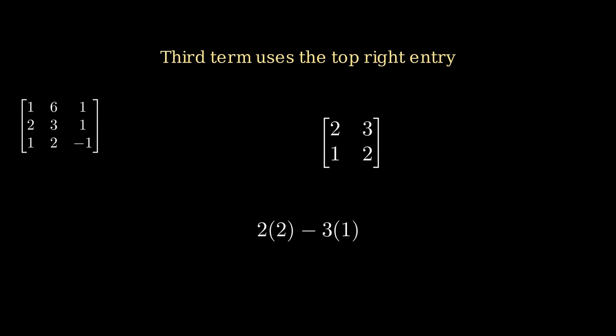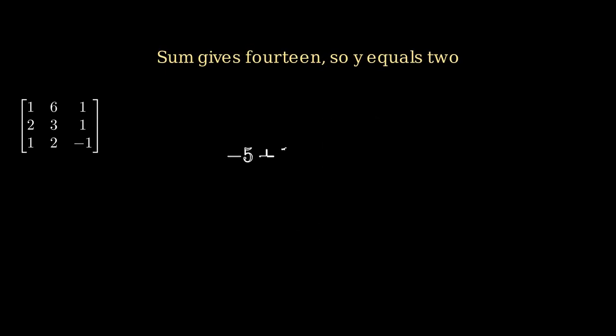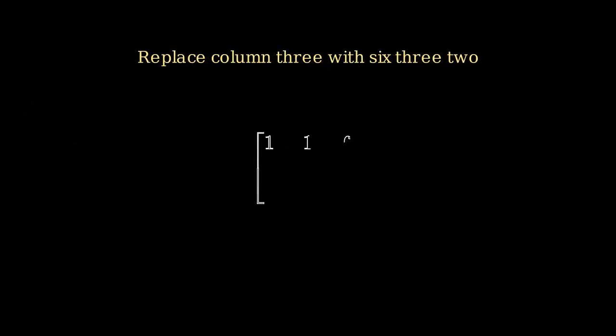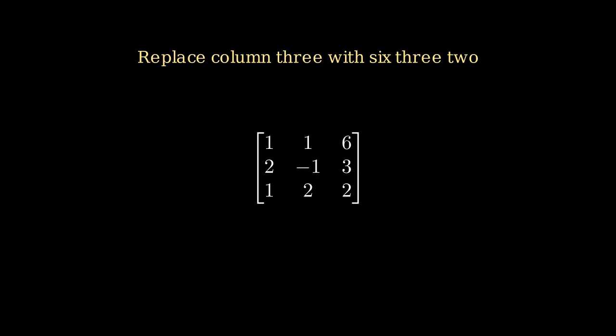The third term is 1 times the determinant of 2, 3, 1, 2, which equals 2 times 2 minus 3 times 1 equals 4 minus 3 equals 1, so the third term equals 1. Adding these terms, negative 5 plus 18 plus 1 gives a determinant of 14, so y equals 14 divided by 7, which equals 2.